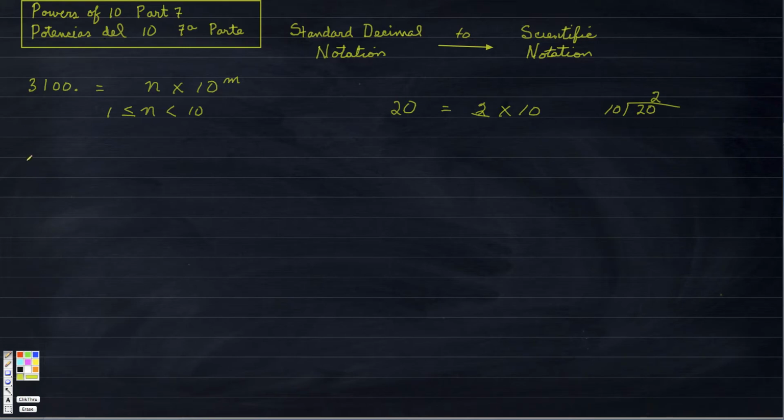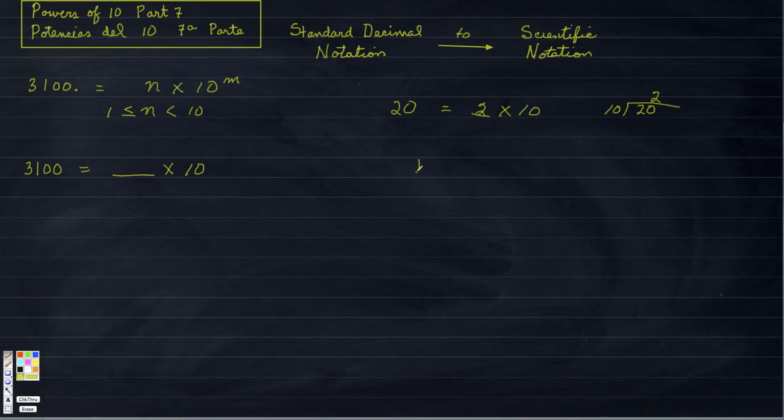Well, in this case, I want a 10. Let's start by looking for a number multiplied times 10 that will give me 3,100.